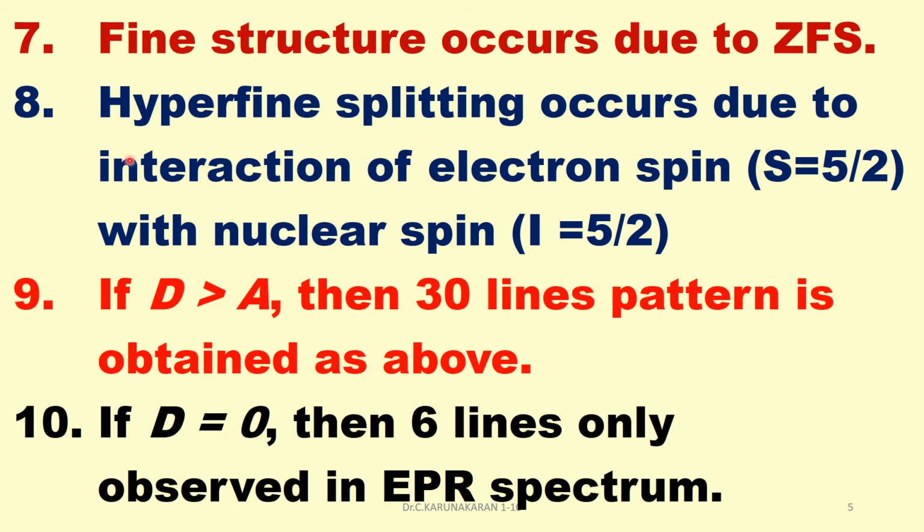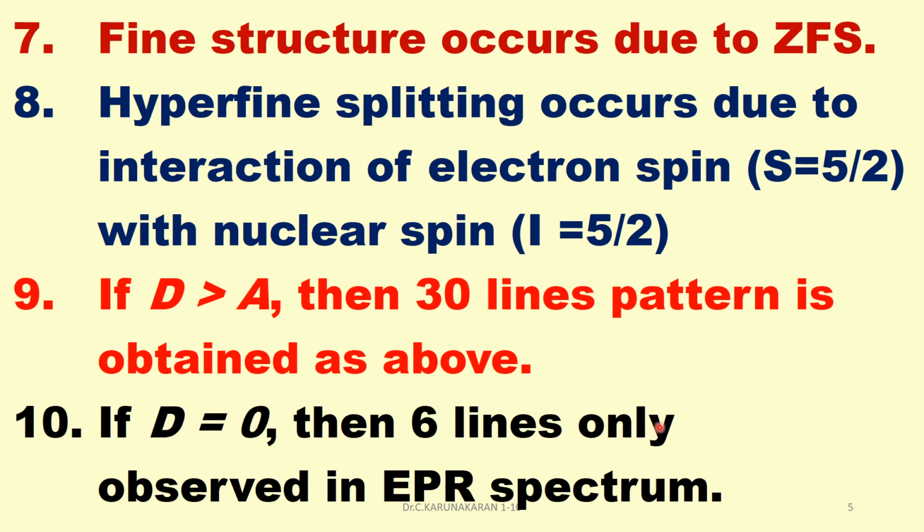We have seen this in the previous diagram. If D is equal to 0 or D is less than A, then only 6 lines are observed in the EPR spectrum. They will ask you how many EPR lines are observed in manganese 2 plus if D is greater than A in various competitive exams.